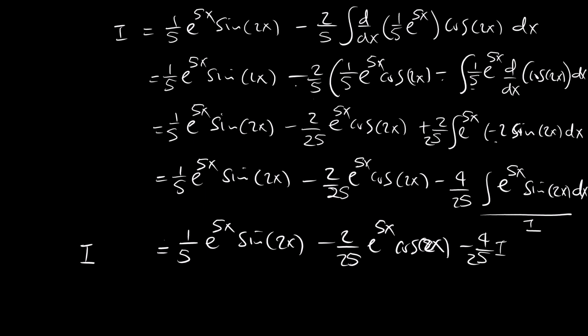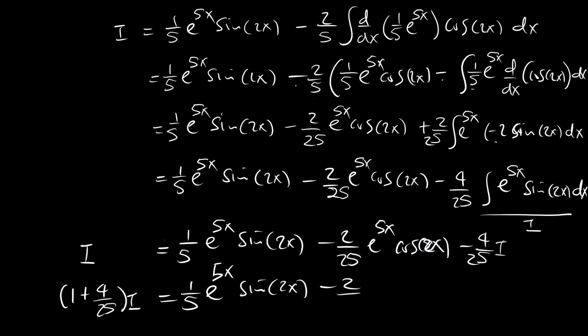So we can add both sides with 4 over 25 I, so we have 1 plus 4 over 25 I is equal to 1 over 5 e to the power 5x sine of 2x minus 2 over 25 e to the power 5x cosine of 2x. So when you add these together, we get 29 over 25 I.